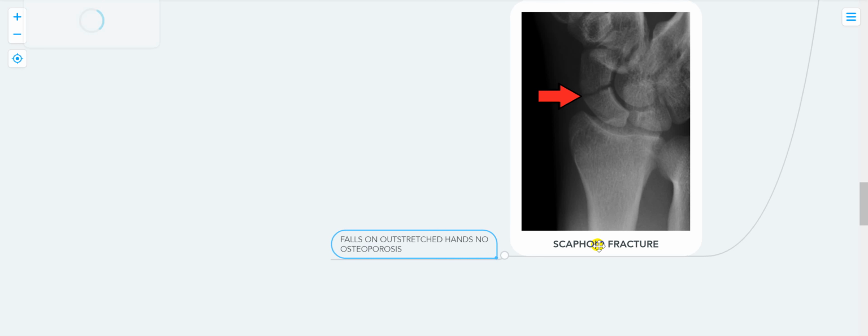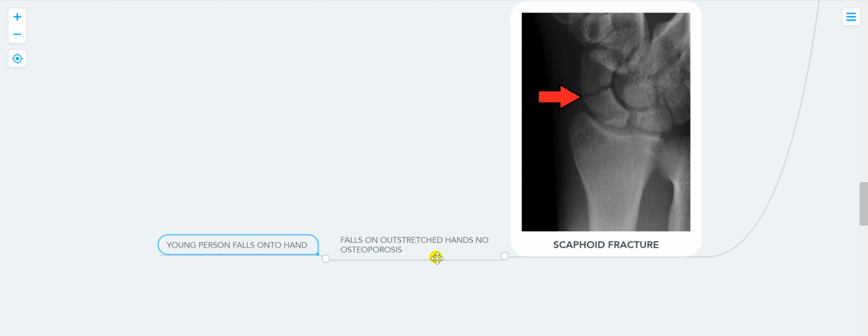Usually it's a young person who falls onto the hand, and usually presents with hand pain on the anatomic snuff box.